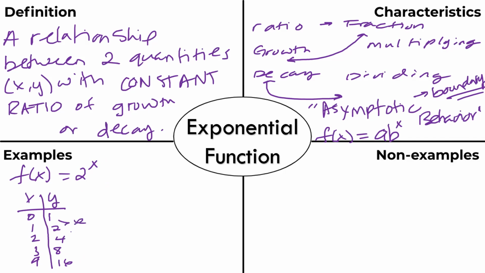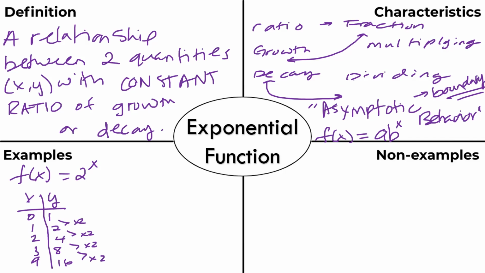Each time we're doing what to get from one y to the next? We're multiplying by 2. Because we're multiplying by 2, this would be an exponential growth. Okay? Because if I'm multiplying, then I am growing. Does that make sense? If I am dividing, I am decaying.